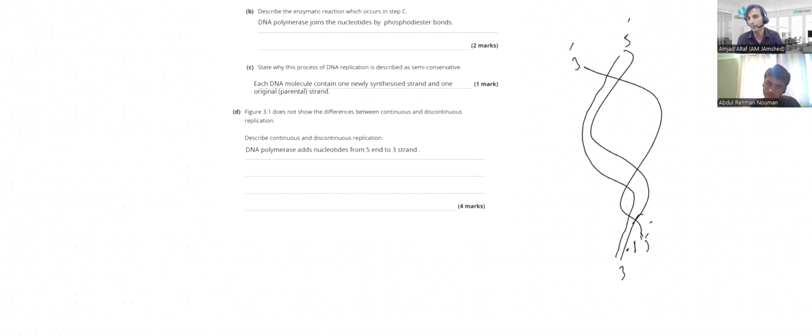It has to find the 3 somewhere, and then it will start its replication from 5 to 3. If there would be a 3 prime in the strand, then it would be possible for the DNA polymerase to add nucleotides 5 to 3, right? That's discontinuous, or in the opposite direction of the replication fork.